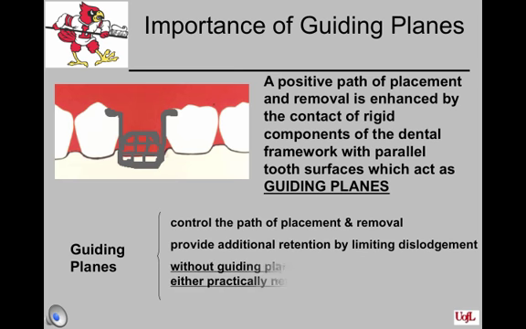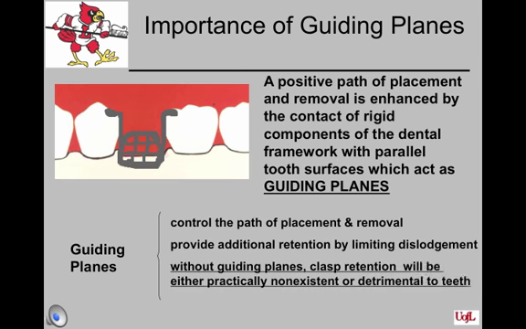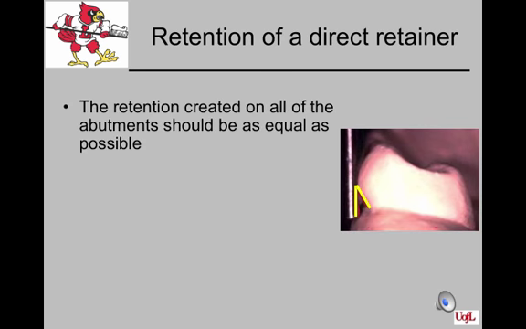Without the guide planes, clasp retention would sometimes either be practically non-existent or very detrimental to the health of the teeth because of the movement that would take place by the removable partial denture. The retention created on all the abutments should be as equal as possible.